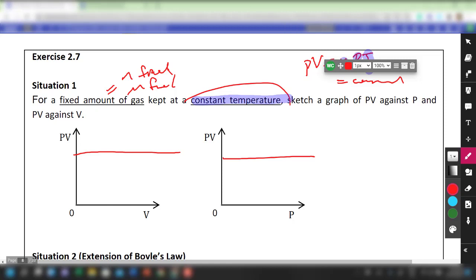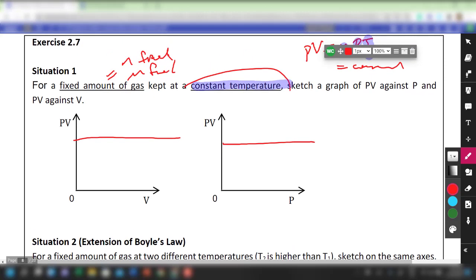If my volume changes, the pressure will change accordingly, so that the product of the pressure and the volume will give me a constant value, which is PV. If you can come to terms with this logic, then it will not be too difficult for you.